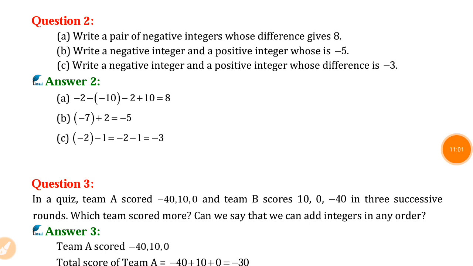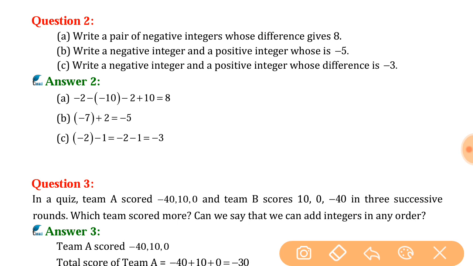Next, write a negative integer and a positive integer whose sum is minus 5. See, there is a sum mentioned and not a difference. That means we have to take the sum itself, because there is no change of sign here.